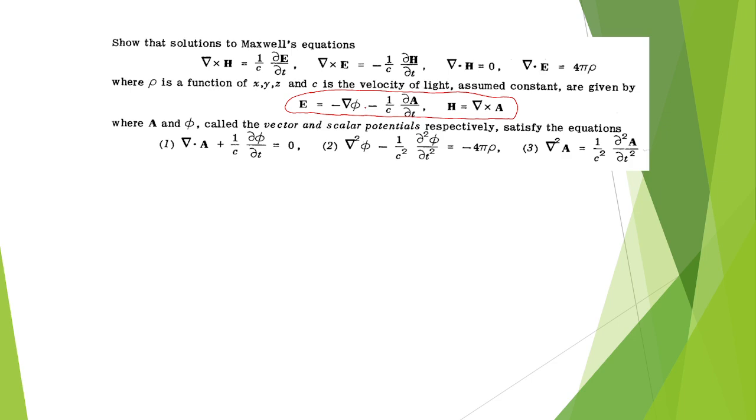So here we will show that E is the electric field and H is the magnetic field.